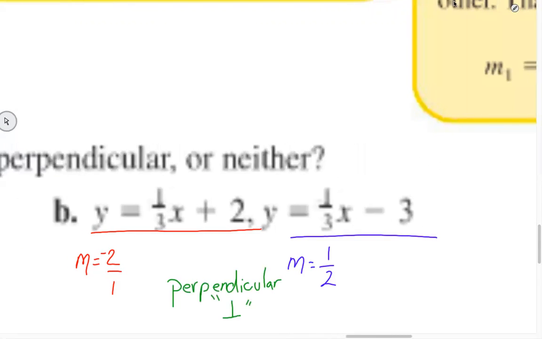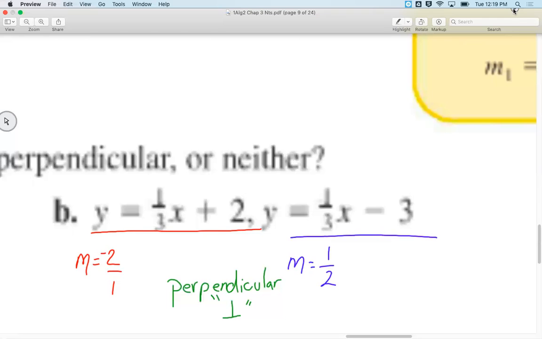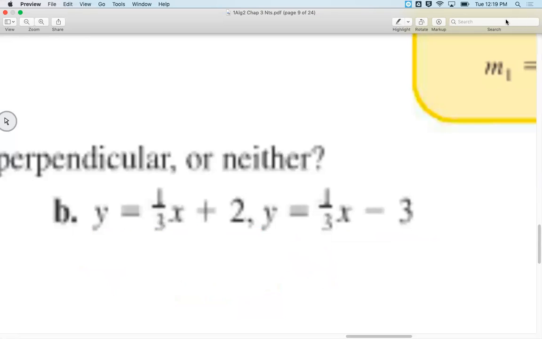B. All right, what do you got? Parallel, very good.